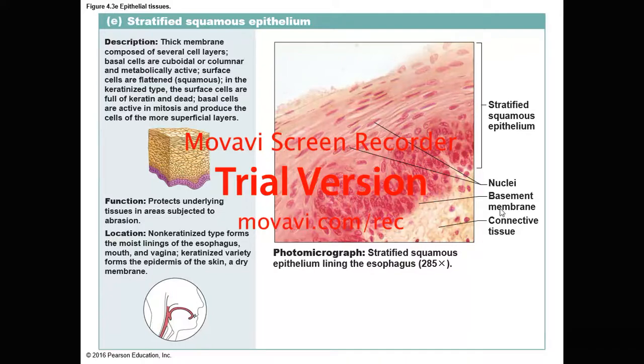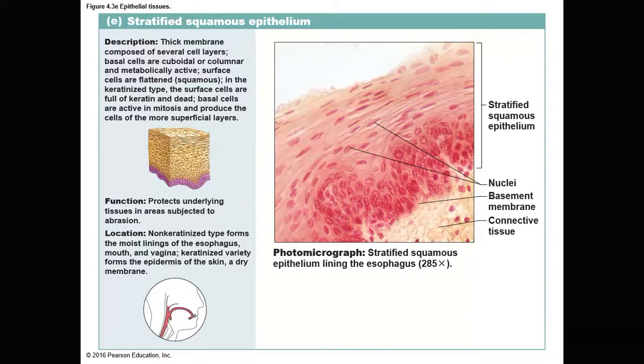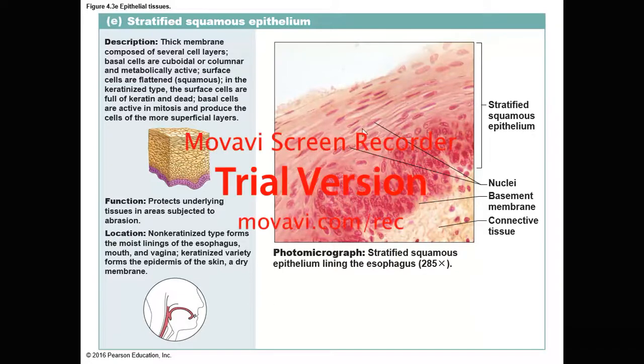For instance, basal cells are going to be the ones that are active in mitosis. All right, so the basal cells are active in mitosis and produce cells of the more superficial layer. They're going to migrate up toward the surface.